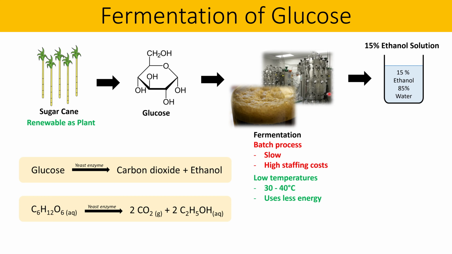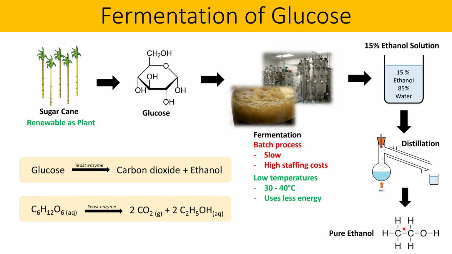This is a limitation of the process in the fact that the yeast organism cannot survive in solutions that are higher than 15% ethanol. So therefore, after the 15% ethanol solution has been produced, it needs to undergo distillation, which is going to require more energy. Eventually, after the distillation, you will get pure ethanol.